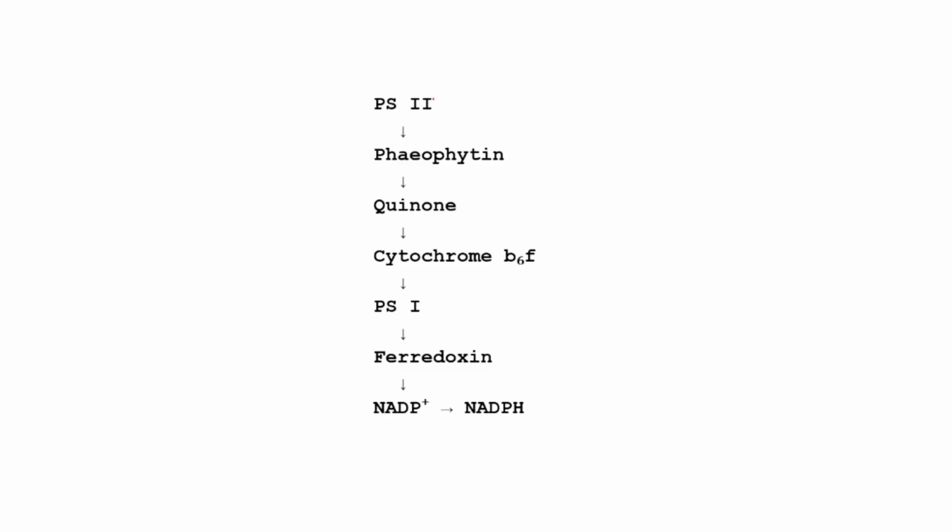As we have already seen in the previous question, electrons start from PS2 and go to pheophytin, that is primary electron acceptor. From there it goes to ETC, that is electron transport chain, and these are the carriers of electron starting from plastoquinone, cytochrome B6F, and after that plastocyanin is also there.